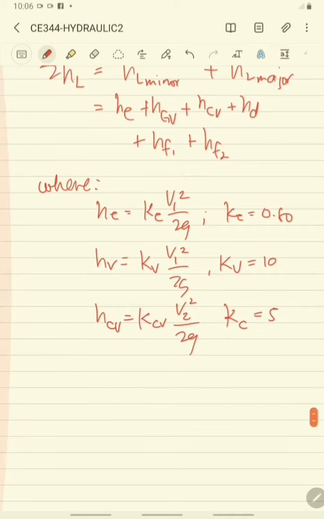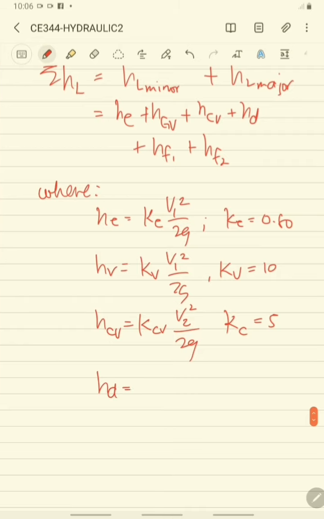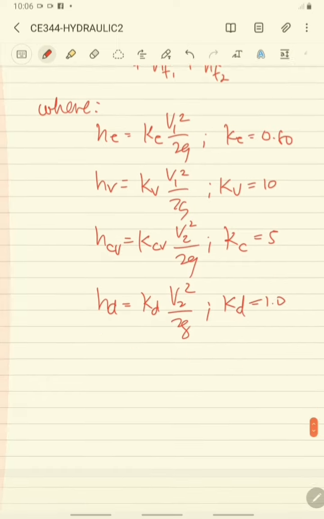So KC over 5, then HD is equal to, the discharge is submerged, so the coefficient of discharge is equal to 1. So KD is equal to 1.